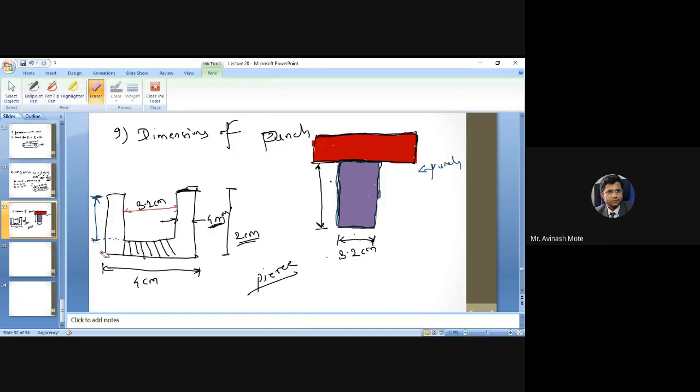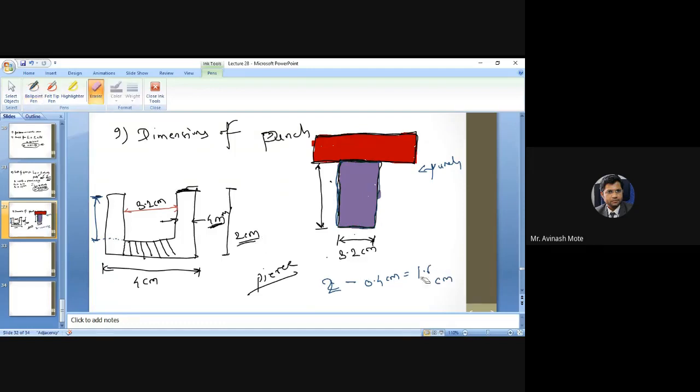I'll remove this one, you will understand it easily. 2 centimeter is the total height minus the thickness, 0.4 centimeter. So it will be 1.6, not millimeter, centimeter. It will be 1.6 centimeter.